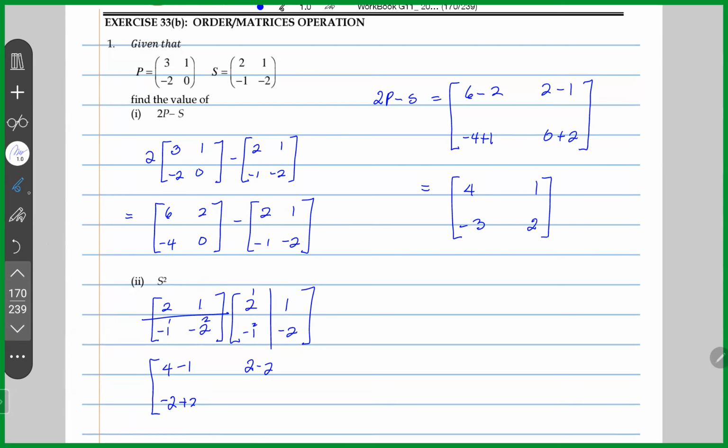Bottom row, but this time the right column. First times first, minus 1 times 1 is minus 1. Minus 2 times minus 2 is positive 4.